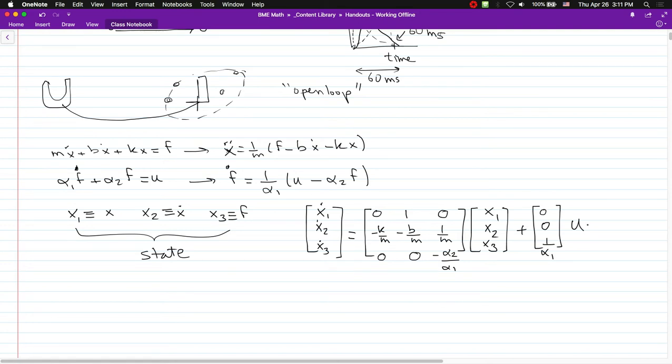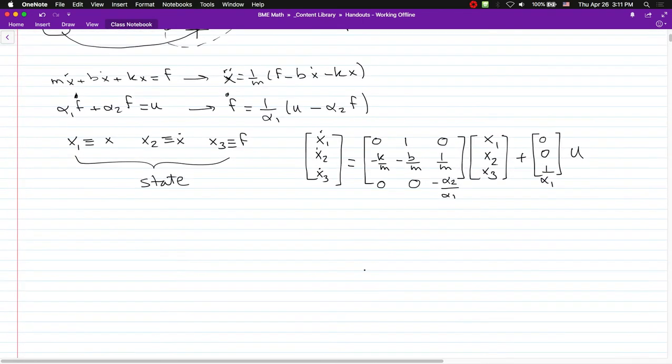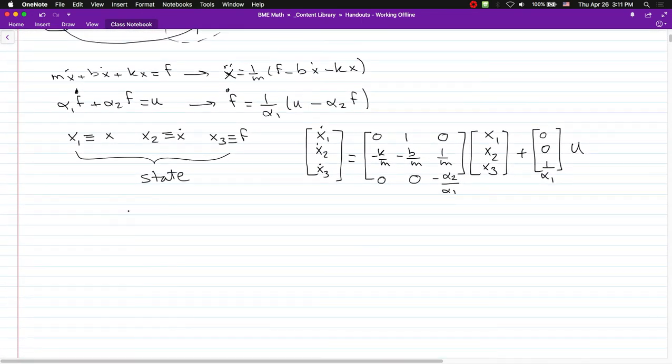Okay, so that's the dynamics of our system. You give it an input u, it causes a change in state. All right, but that's in continuous form. So what I have here is a vector x, which is my state, its change is equal to A continuous times x plus B, which is a vector, continuous, times u.